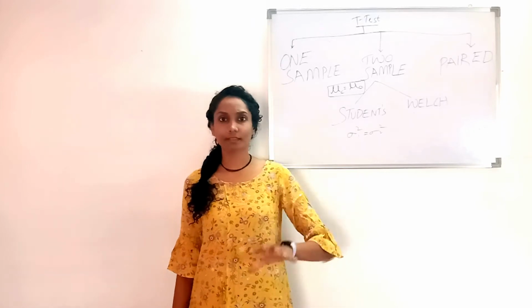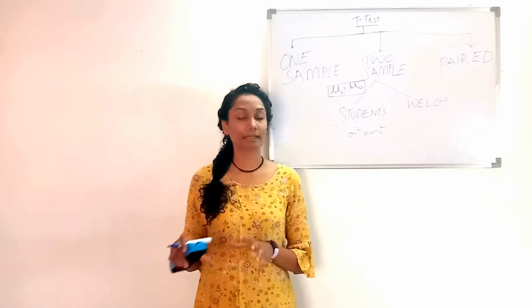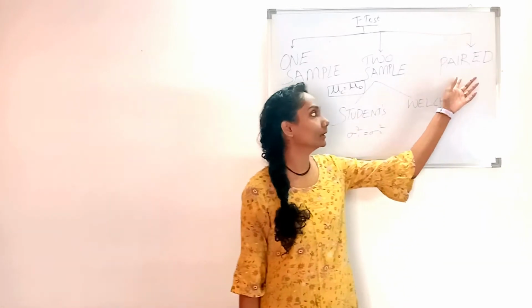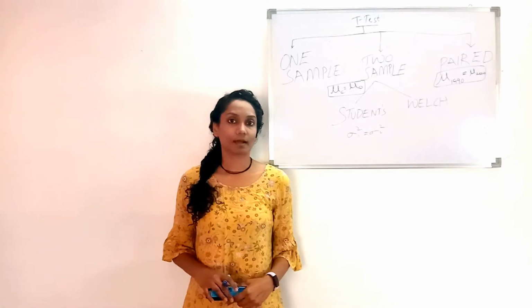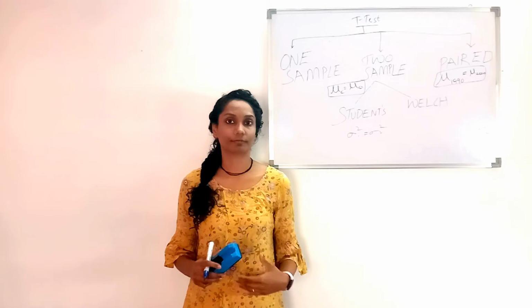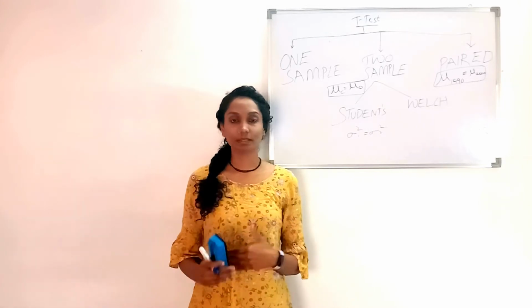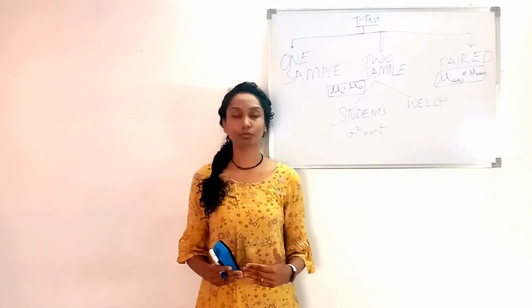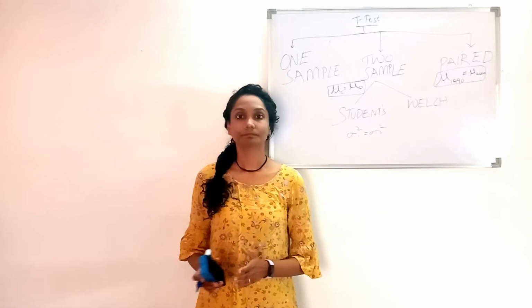So in some way these two groups are related. If we are comparing the means of two related groups, that is called a paired t-test. So these are the different forms of t-test which are used to compare means of two groups or one group against a specific value.